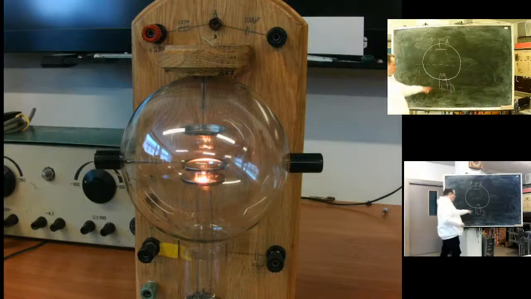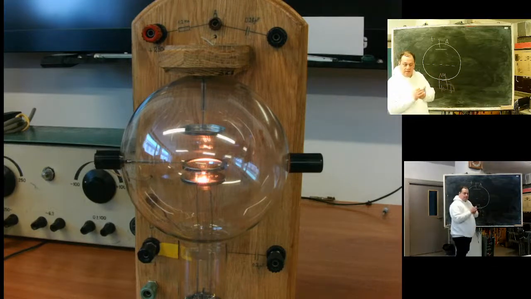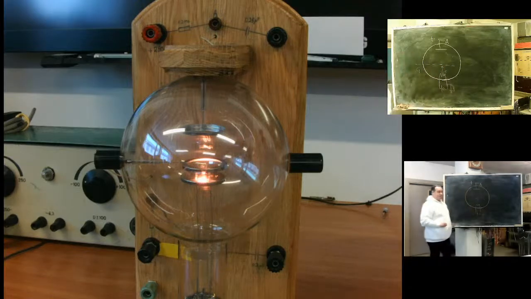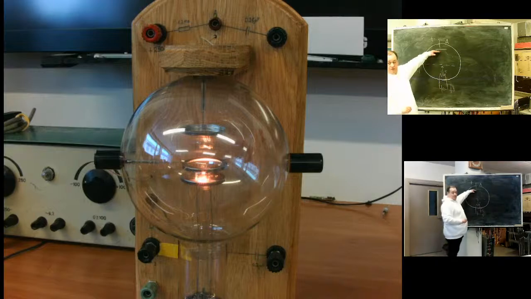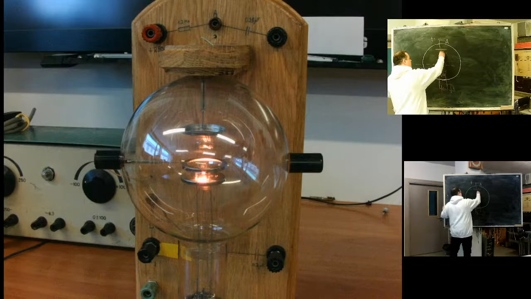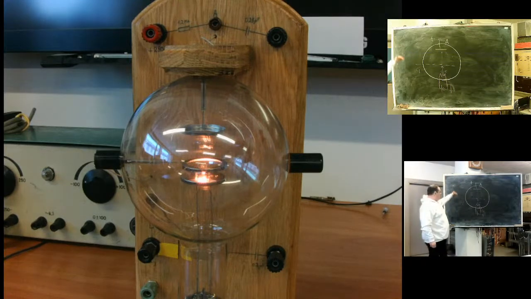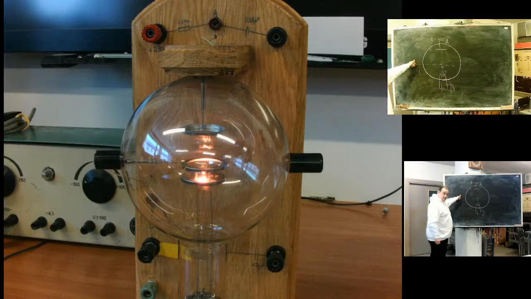If we have something hot, we may remember thermoelectronic emission. So an electron can leave the hot surface. And what will happen next? We have a positive potential here, so we will have a dragging force dragging this electron to the anode. But we have a mesh on its way.